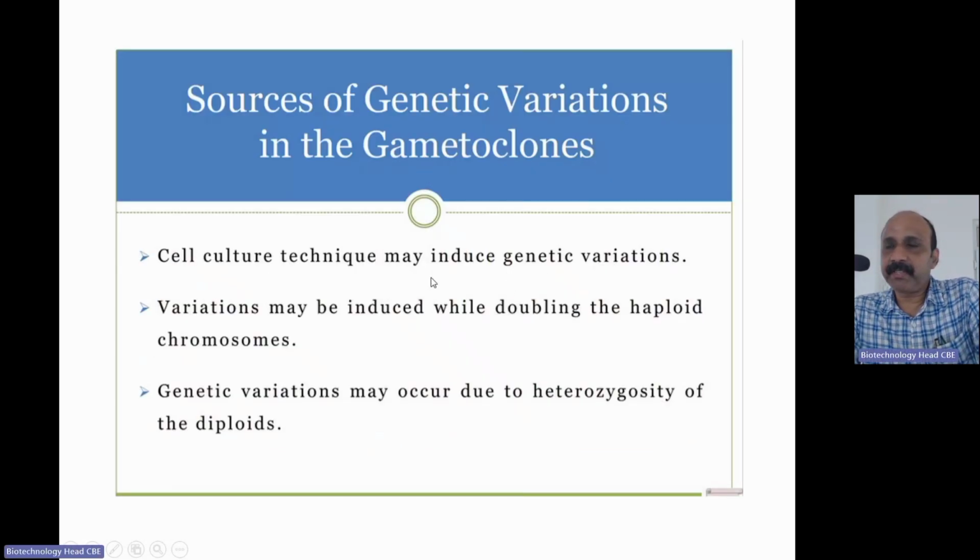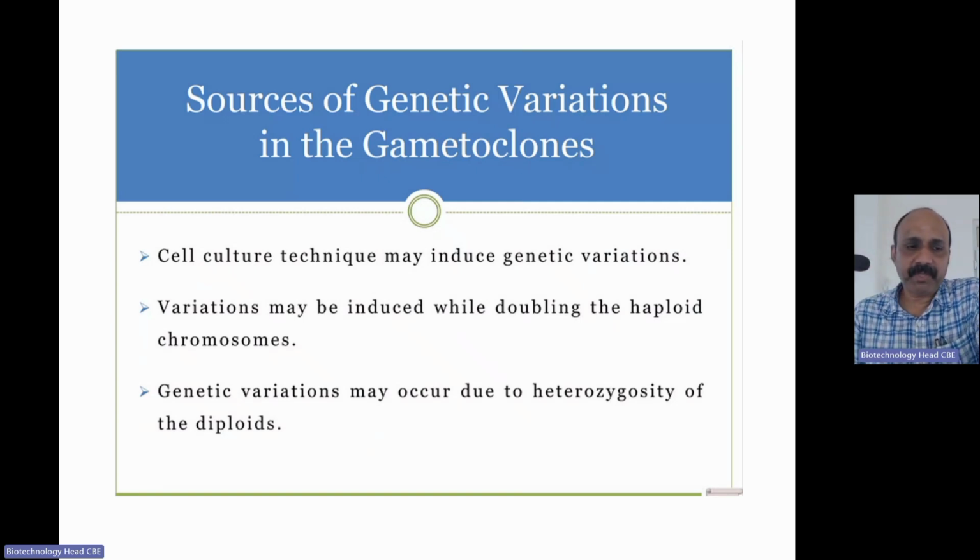The cell culture technique may introduce variations, and a variation may be introduced even while doubling the haploid chromosomes. When we add colchicine, that will not necessarily double the chromosomes, right? The doubling of the chromosomes by colchicine happens because of the disintegration of the microfibrils.